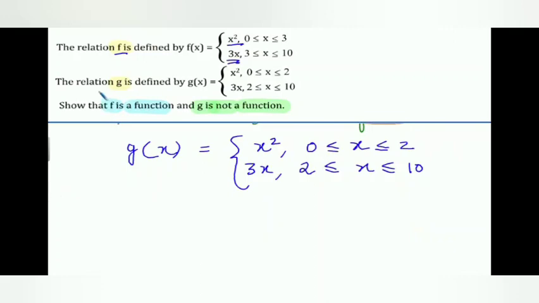Now we are moving to the function g, the relation g. Relation g is defined: g of x is equal to x square between 0 and 2, and 3x between 2 and 10.